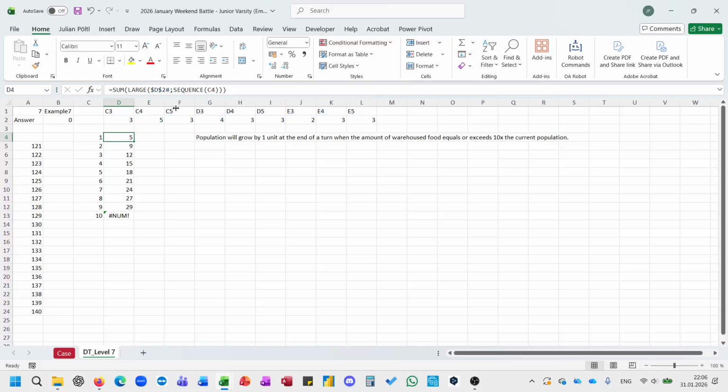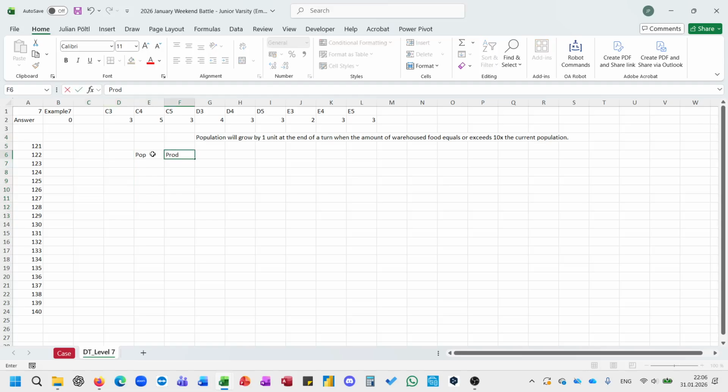So here, okay, I need to model this. Population, production, consumption, storage. 1.